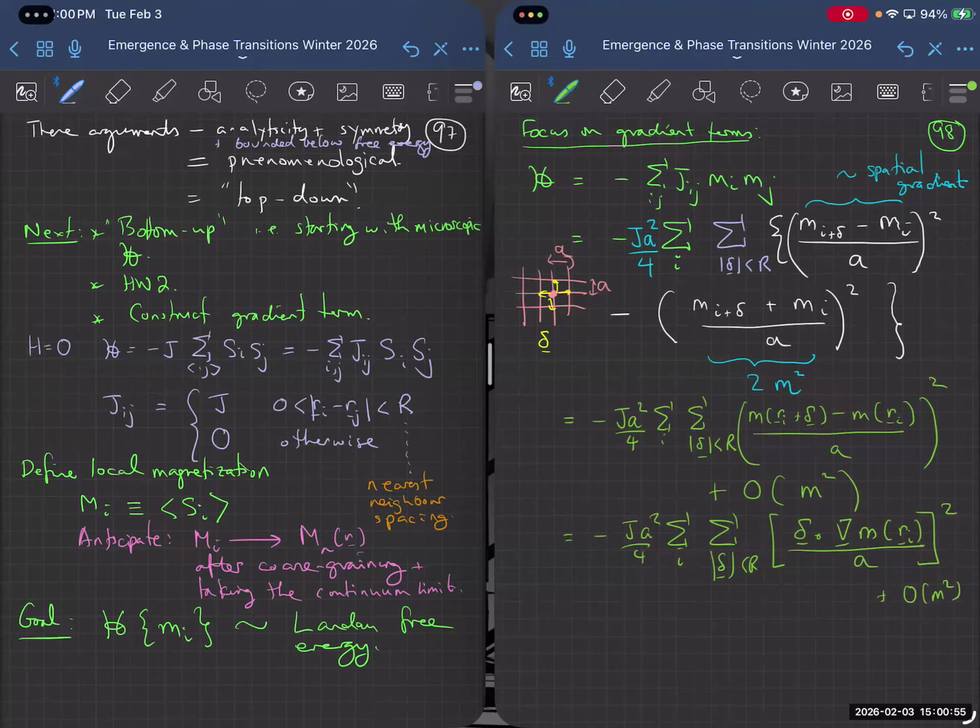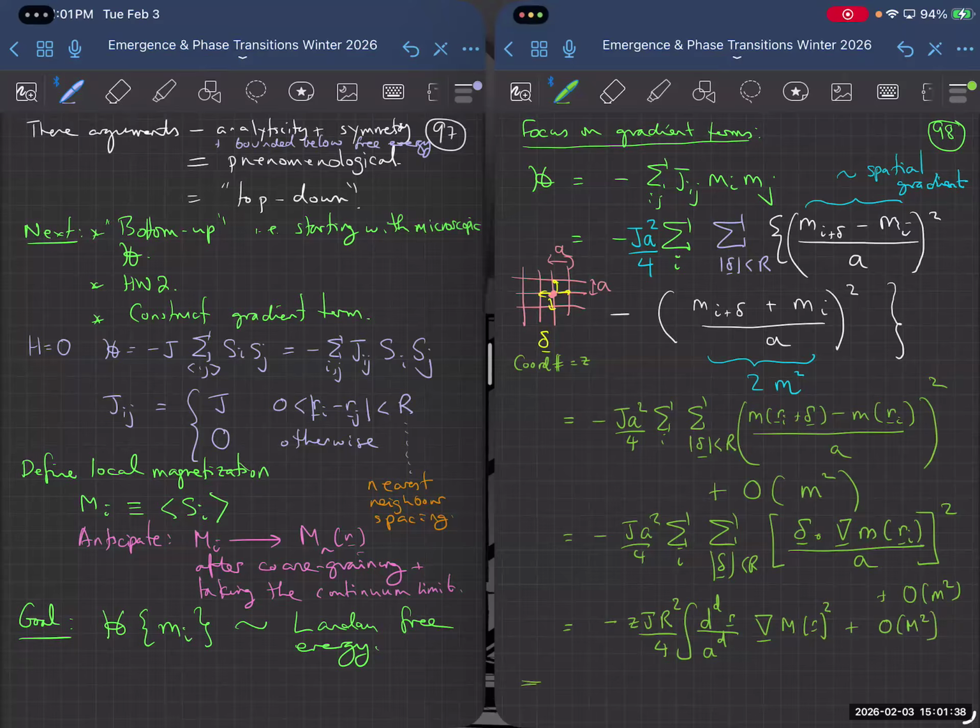And then I can replace the sum over i by an integral over space. If I have a coordination number of the lattice little z, then I can write this as minus z J R squared over 4, integral d^d r over a^d, and then grad of m of r squared, plus order of m squared.